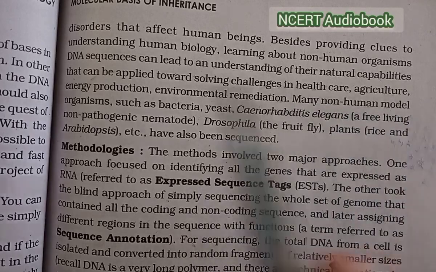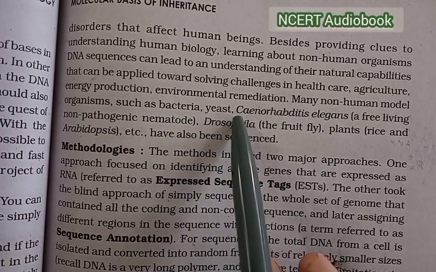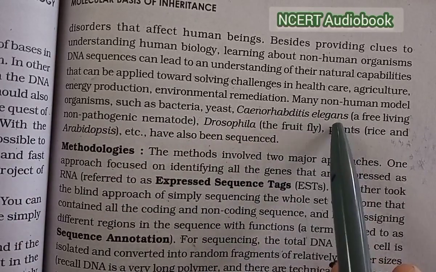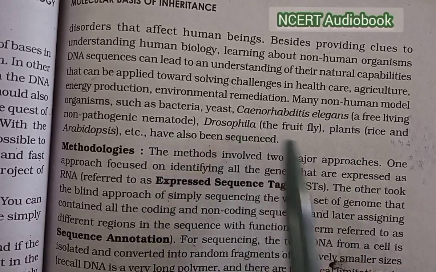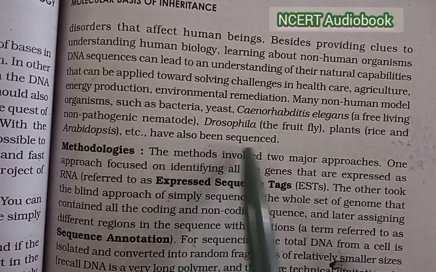Many non-human model organisms such as bacteria, yeast, Caenorhabditis elegans, Drosophila, and plants have also been sequenced.